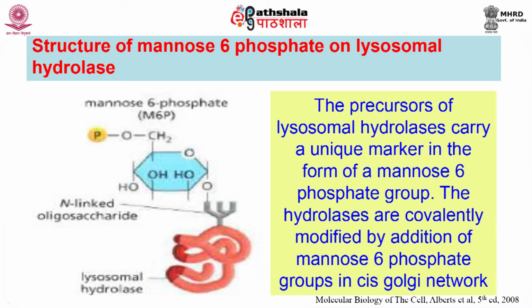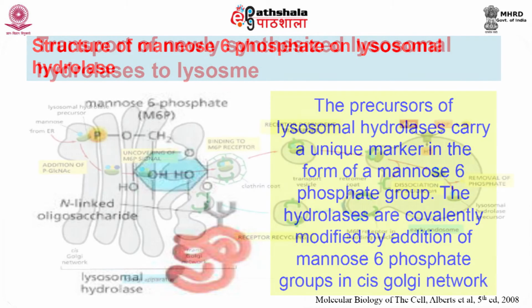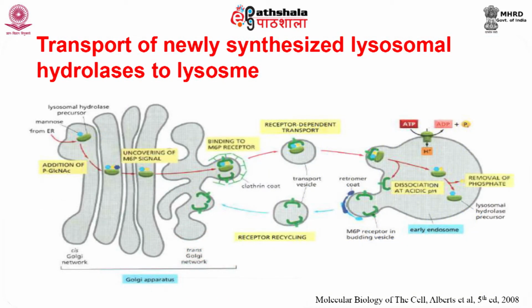The secretory vesicles which carry these enzymes do not carry any other proteins or enzymes. The precursors of lysosomal hydrolases are tagged with a unique marker in the form of mannose 6-phosphate group in the cis-Golgi network, and they are then transported to trans-Golgi.